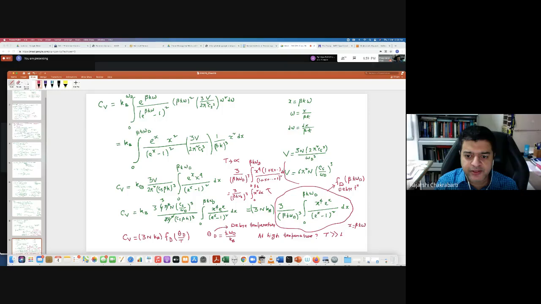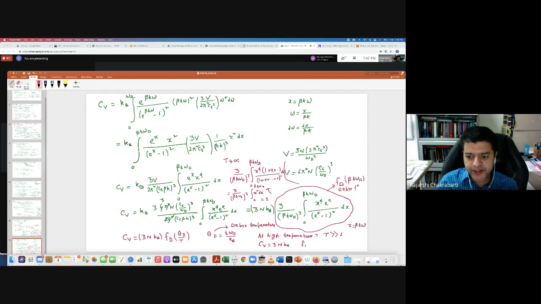And what is this answer? The x square integral means x cube by 3. The 3 will cancel. Put the limit, it is equal to 1. Can you see that? It's not very difficult. So at high temperature, your CV equals 3n kb.